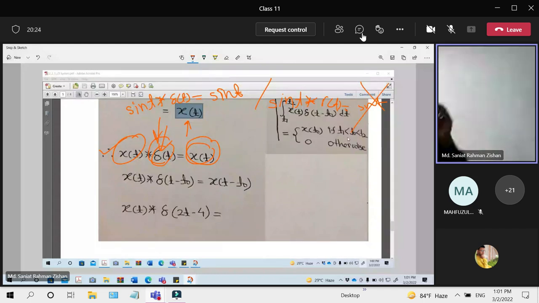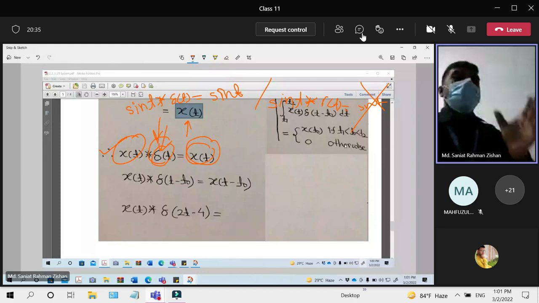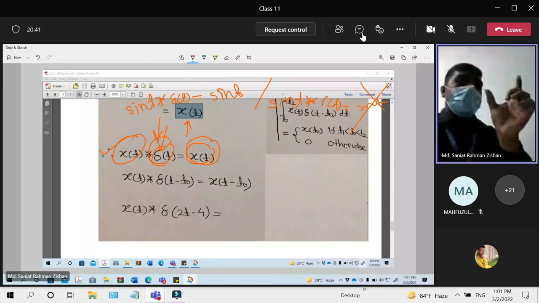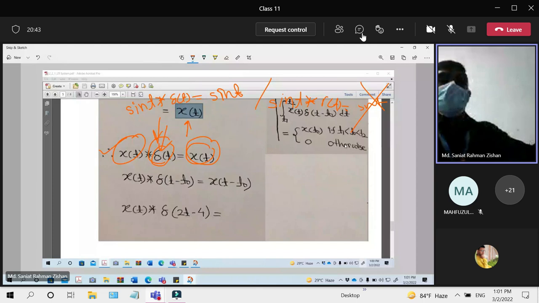You can apply this property only for the impulse function. Why use it? Because the system may be del t, or the input may be del t. We don't know. It's not always so. It's a property, but the signals will be different. But if you find xt convolution del t, something like that, then we can calculate the output as xt.